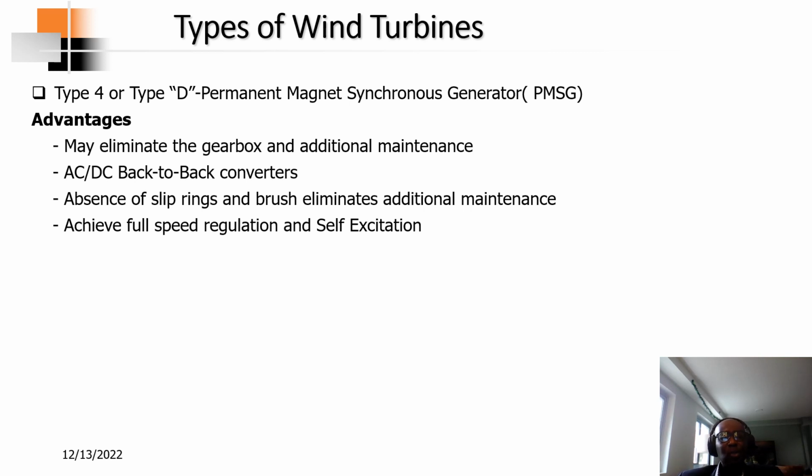This wind turbine allows you to achieve full speed regulation. The Type 3 allows plus or minus 30% speed regulation, but this allows the full 100% speed regulation.